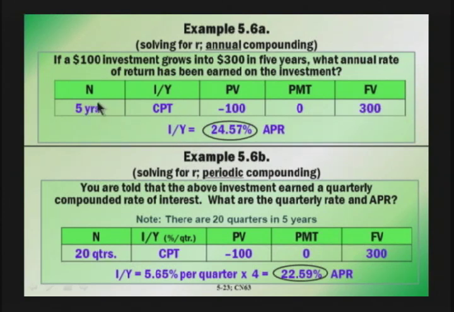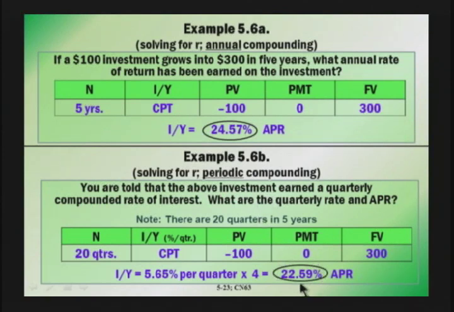Now notice in both cases here, you're taking a $100 investment and growing it into $300. If compounding took place annually, you had to earn an annual rate of 24.57%. If compounding were to take place quarterly, the quoted APR could actually be lower, only 22.59%. The quarterly compounding did the same work, taking 100, growing it into 300 over the 5-year period of time.